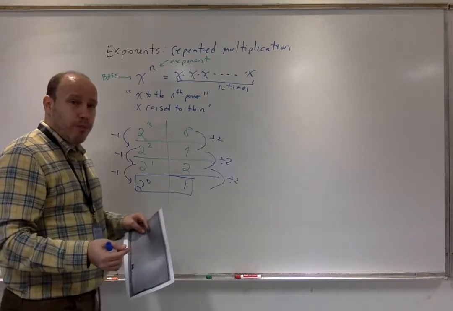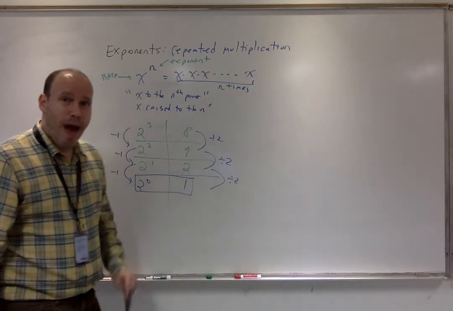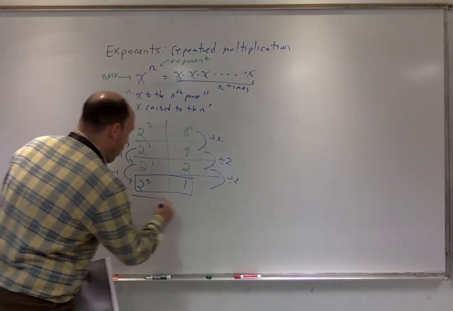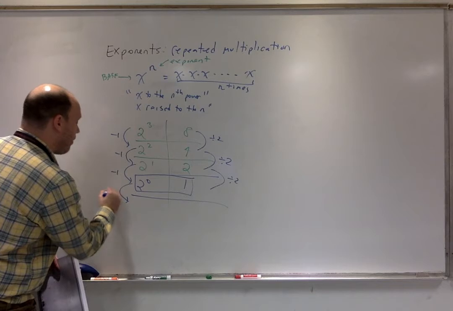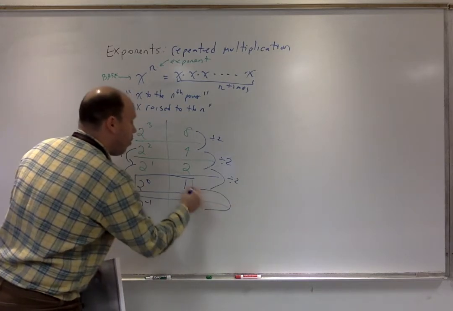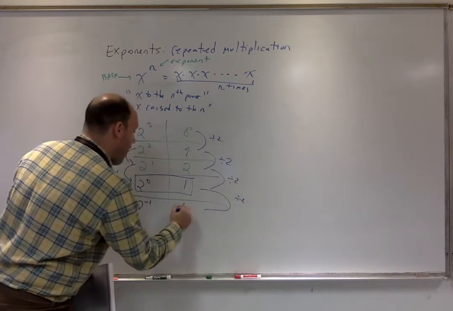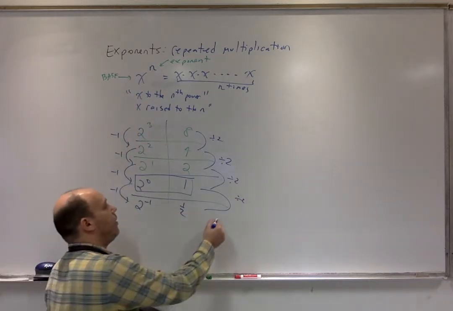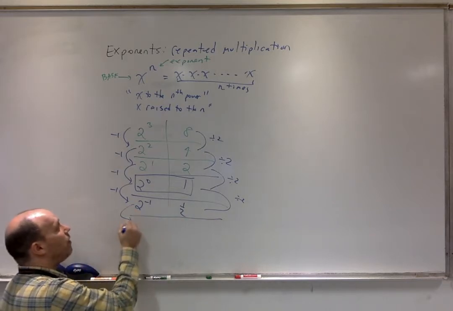And now you might say, can I still continue the pattern, Mr. Adler? And the answer is, yeah, you can. Well, let's subtract 1 again. So 2 to the negative 1, well, 1 divided by 2 is a half. Let's continue the pattern even more.